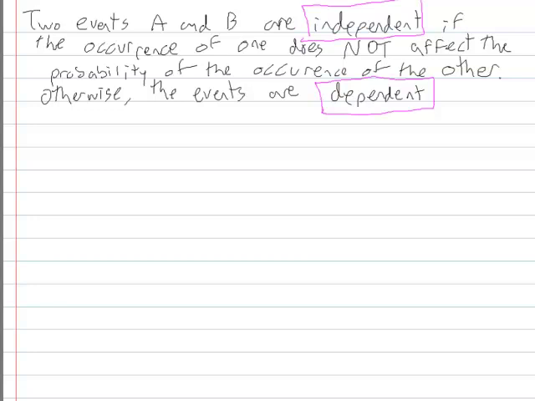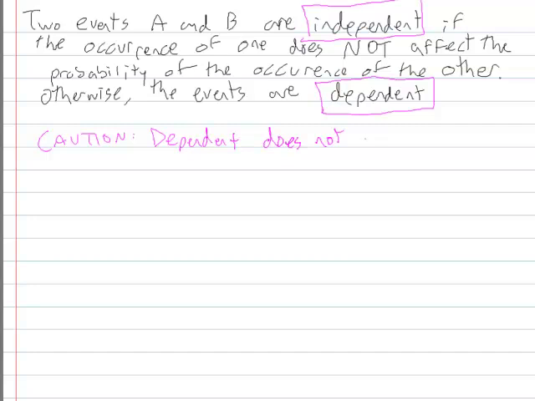Now, we need to be careful with the word dependent. Okay, so here's a caution. Dependent does not necessarily mean that one causes the other.